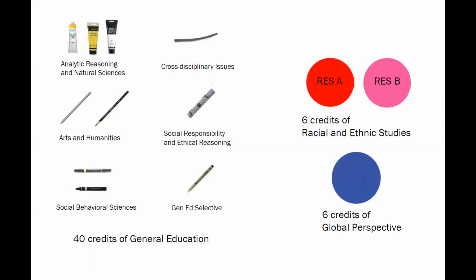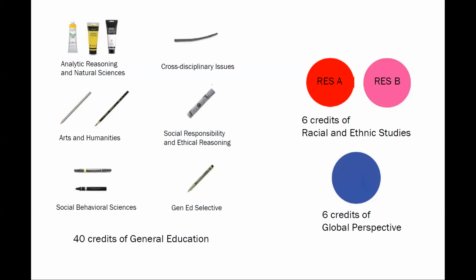And then you have a choice of what else you can take. You can take another math class, a stats class, or another science class, as long as everything together equals 10, and you have taken a math, a stat, and a science class with a lab, and then you have a choice of the other.